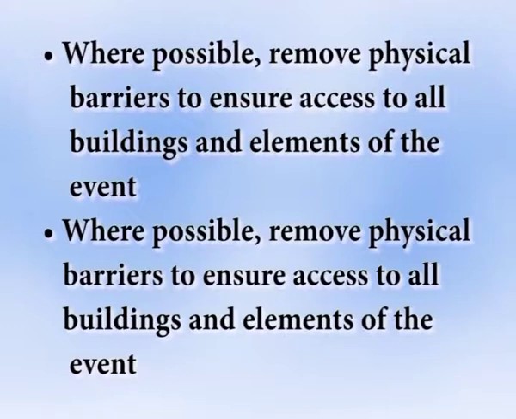Install accessible toilets, washing facilities and parking. The above-mentioned precautions should be considered when designing the physical layout of the event. This helps in crowd management and also reduces the chance of stampede in the case of mega and hallmark events. This also ensures that the event is accessible for all.